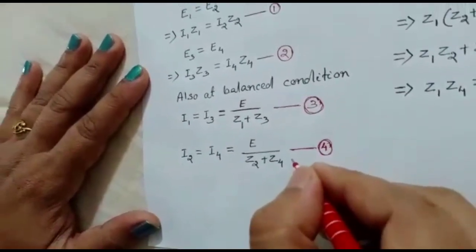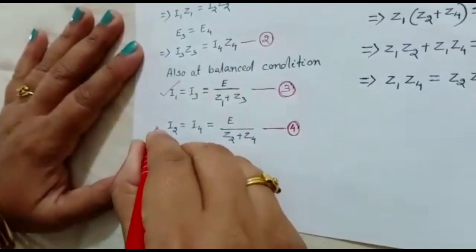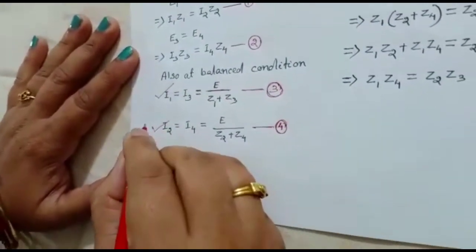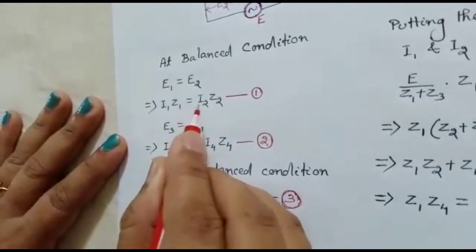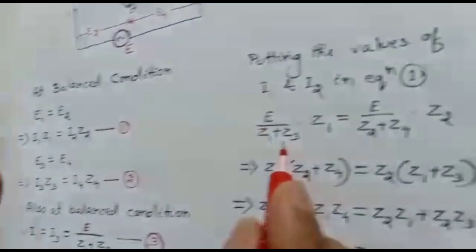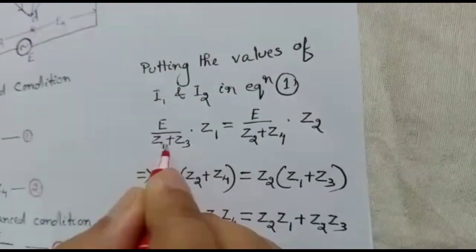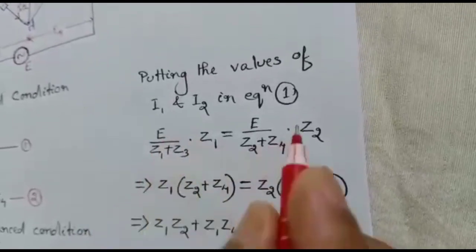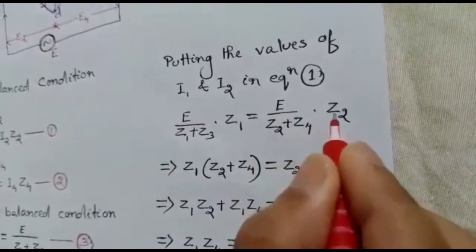Now we put the values of I1 and I2 in equation number 1, that is I1 Z1 is equal to I2 Z2. In place of I1 I put E by Z1 plus Z3 into Z1, and in place of I2, E by Z2 plus Z4 into Z2.